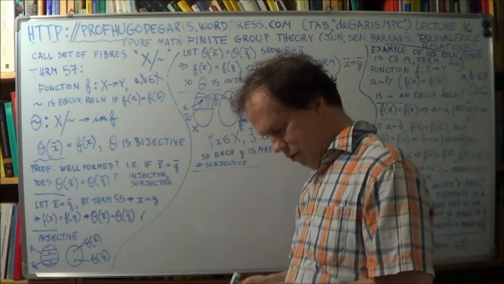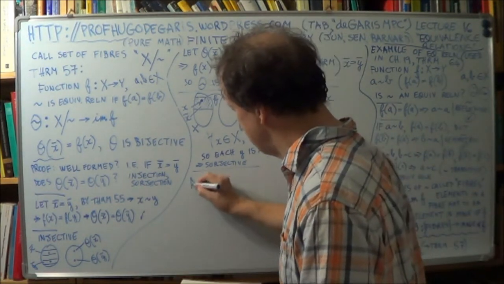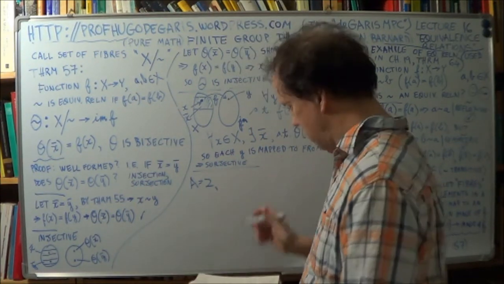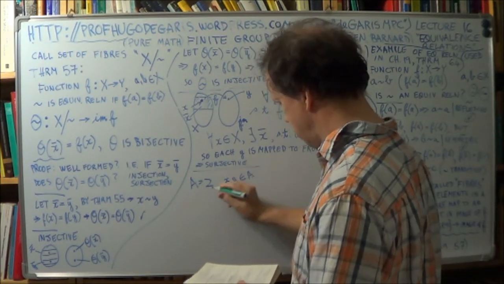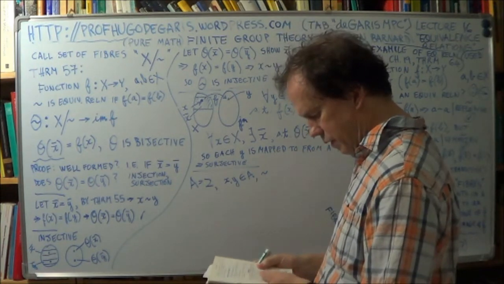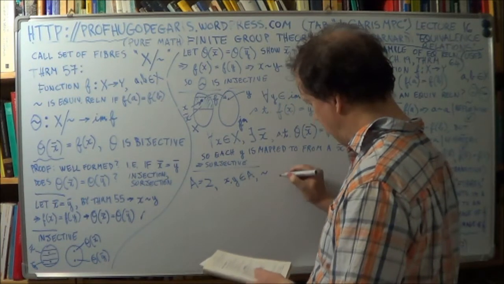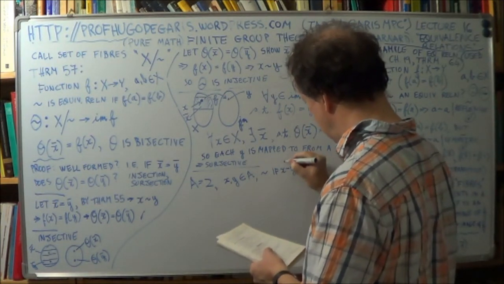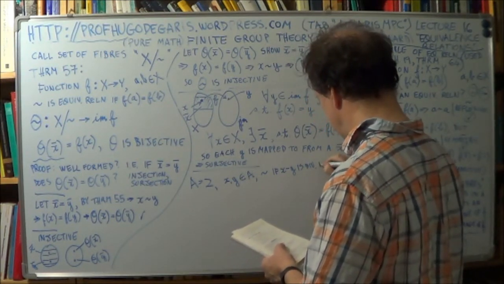Question 1, part 3. Your set A is just the integers, and two members of A, two integers in other words, are equivalent if x minus y is divisible by 2.